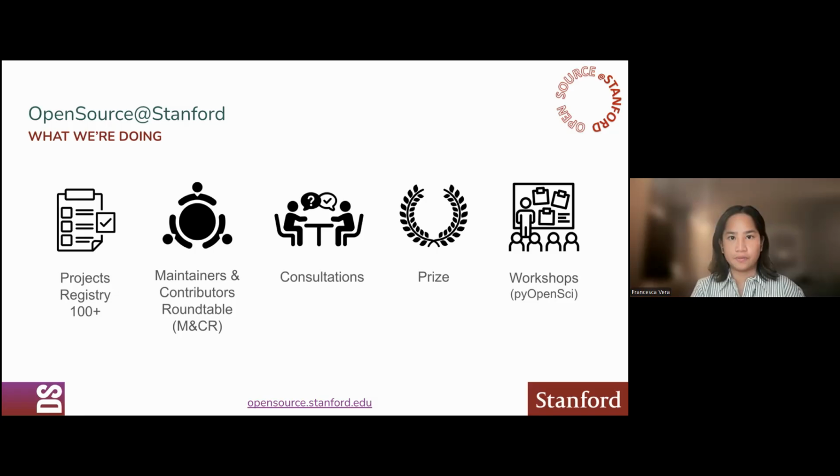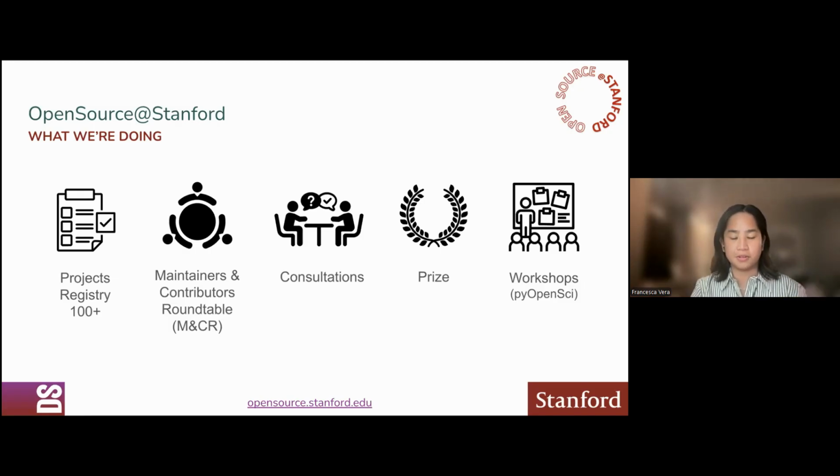This can range from things like, how do I get a DOI for my software package? How do I make my software citable? Which is actually a consultation I did a couple of days ago, to broader things such as what are my options for more sustainable funding for my open source project.